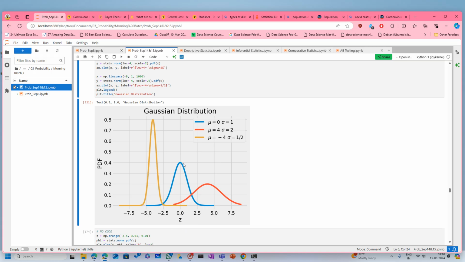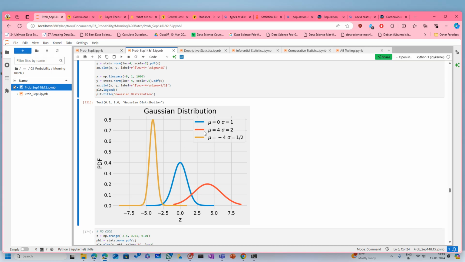And if you take mean as 0 and standard deviation as 1, that means by saying mu equals 0, sigma equals 1, what you are saying is, for a certain event, because you repeated it multiple times, the mean value became 0, and it is 1 point away from the mean.